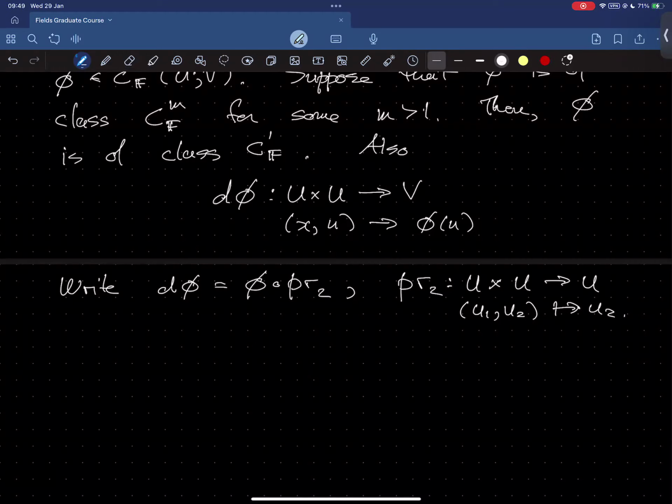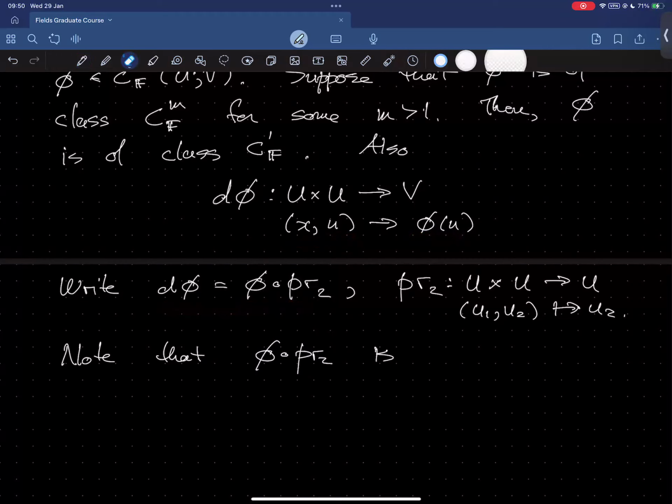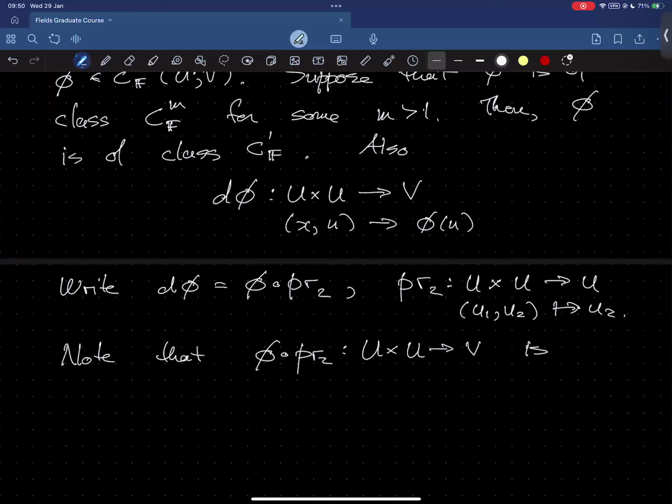And so this is clearly true because it takes the two arguments and returns phi applied to the second argument. Okay, so that's certainly true. So note that phi composed with PR2 is continuous linear. This is a mapping from U cross U into V that is a continuous linear mapping.